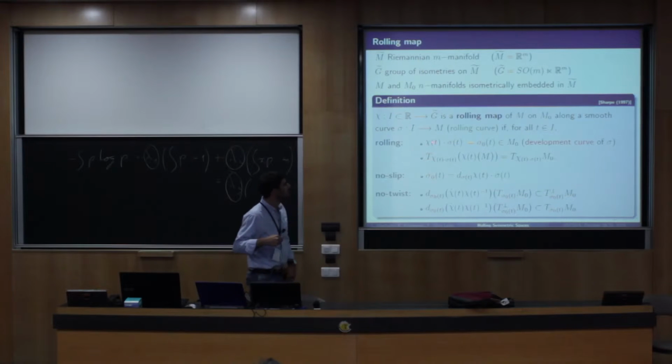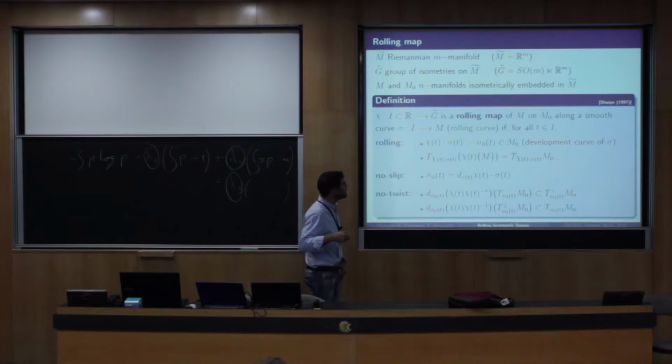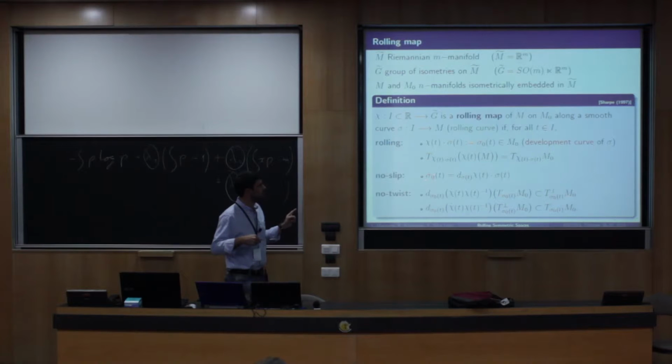The rolling condition simply means that if we apply this rolling map to the rolling curve sigma, we obtain a curve in the manifold M0 that we call the development curve of the rolling curve sigma. The second condition means that at the contact point, both manifolds have the same tangent space. The no-slip condition means that the velocity vector at the contact point is the same for the two curves.